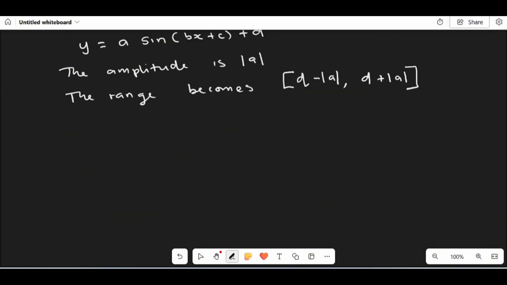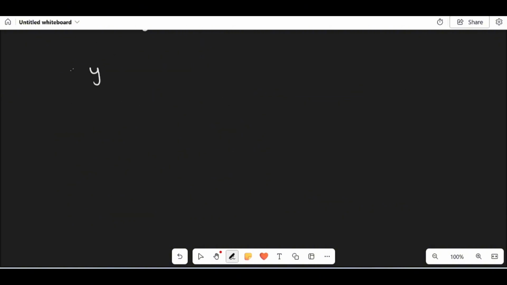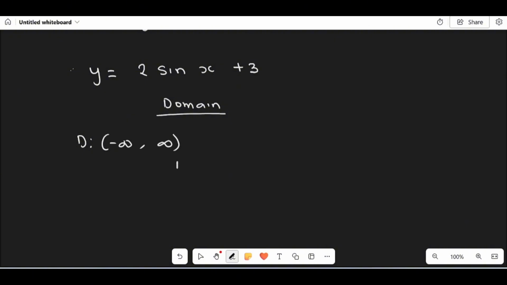Now let us consider this example. y equal to 2 sine x plus 3. Domain. Domain of sine function is always negative infinity, comma, infinity. Let us find range.